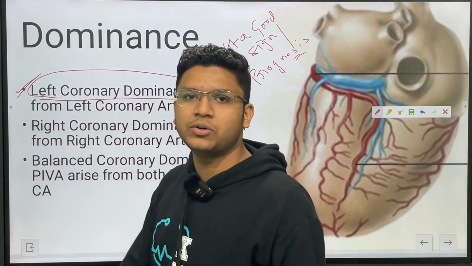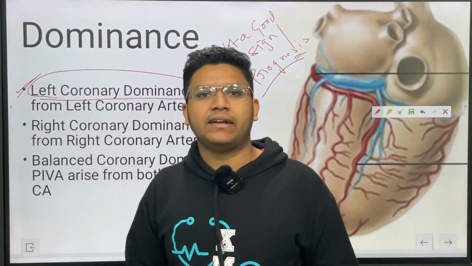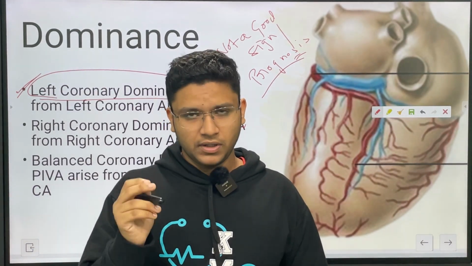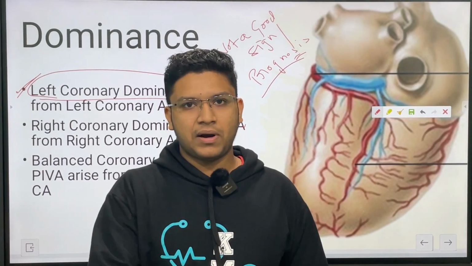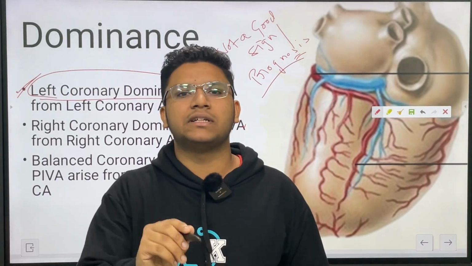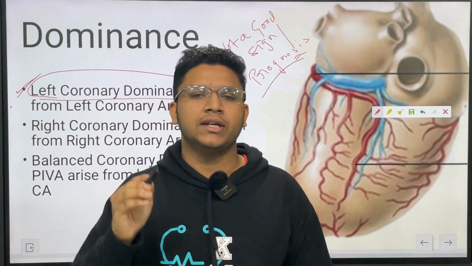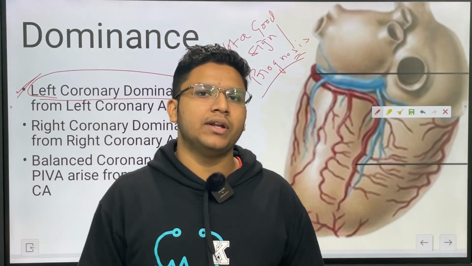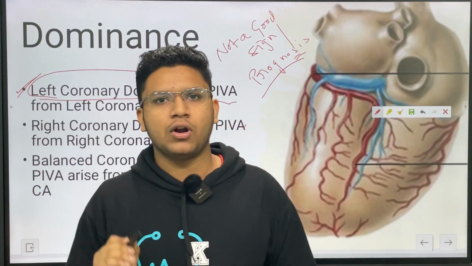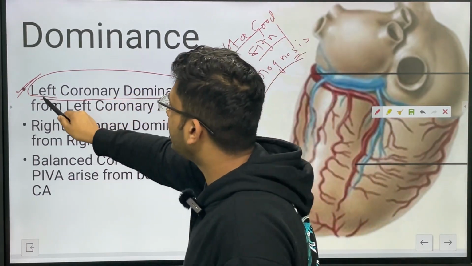Because we just discussed that the left coronary artery gives a branch, the anterior interventricular artery, which supplies the anterior part of the septum, and the posterior interventricular artery supplies the posterior part of the interventricular septum. If the posterior interventricular artery also comes from your left coronary artery, then any blockage of the left coronary artery will lead to damage of your interventricular septum. So it is not a good prognosis. This is what we have to study in left coronary dominance.